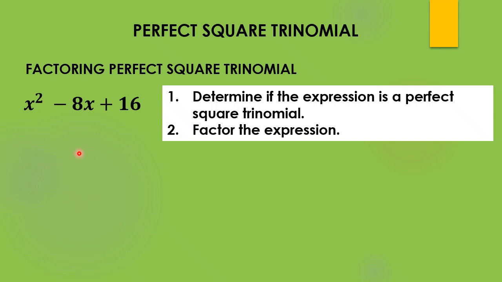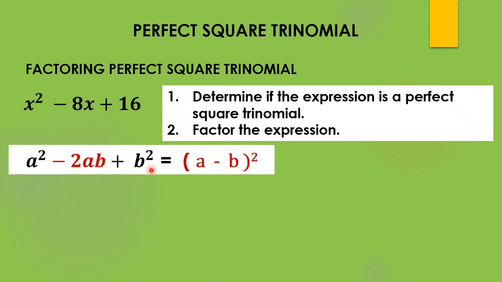Once you determine that this expression is a perfect square trinomial, you can now proceed to step number 2, which is to factor the expression. To factor, we're going to follow the pattern a squared minus 2ab plus b squared is equal to the square of the difference of a and b.